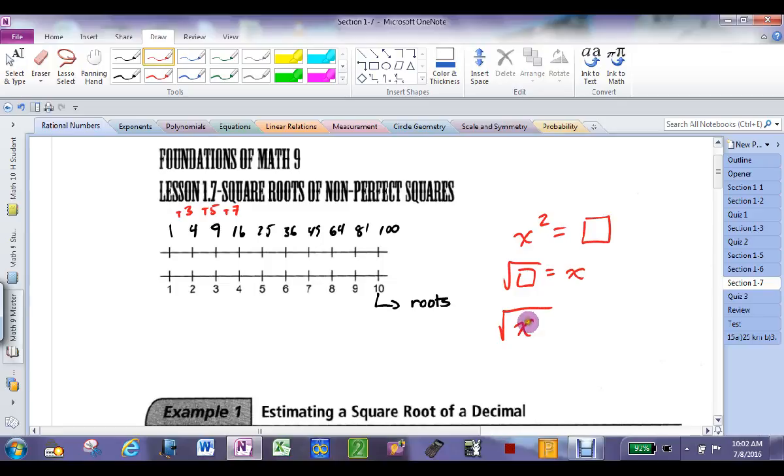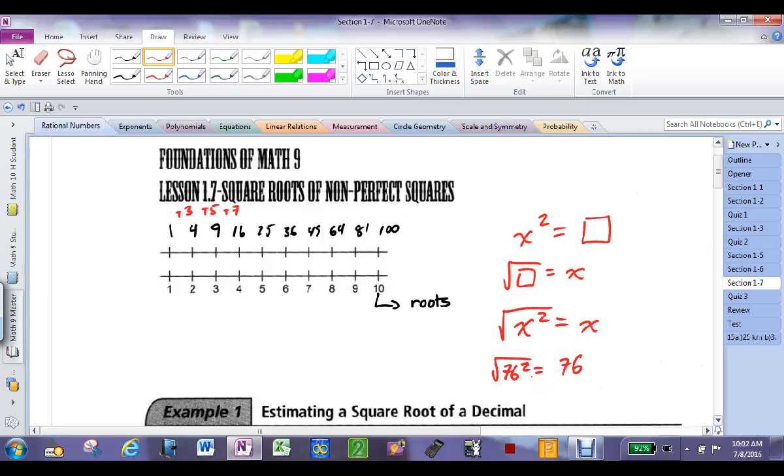What is x in math? Any number. The square root of any number squared is that number, automatically. Everybody with me? So what is the square root of 76 squared? 76. Yep. It's not the square root of 76, it's the square root of 76 squared.